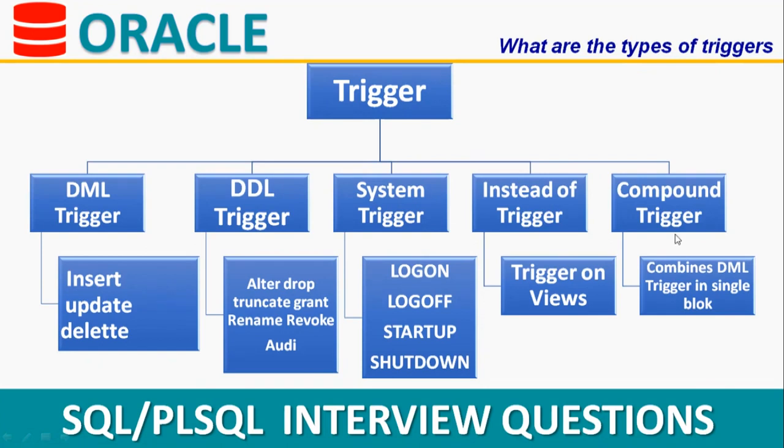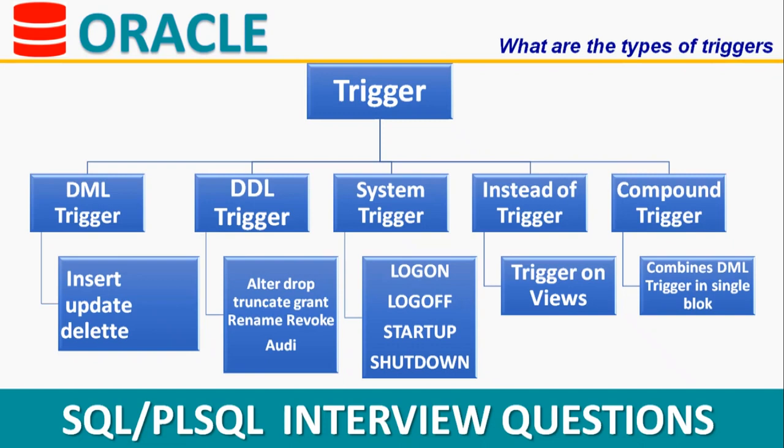Compound trigger: in a compound trigger, we can put all the triggers together. Usually for every event we maintain a different type of trigger. In DML we have insert, update, and delete.